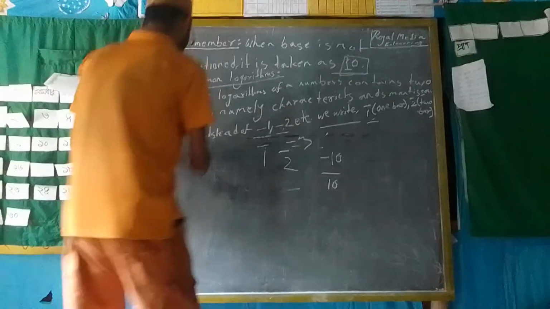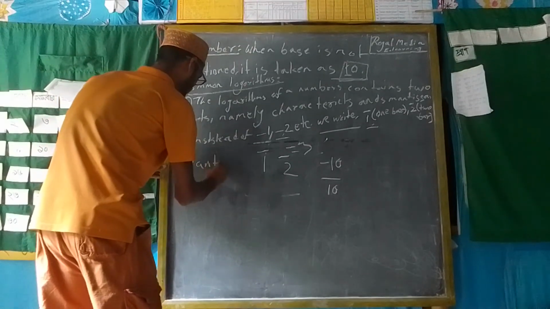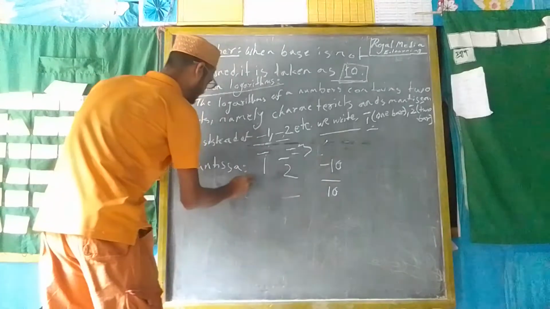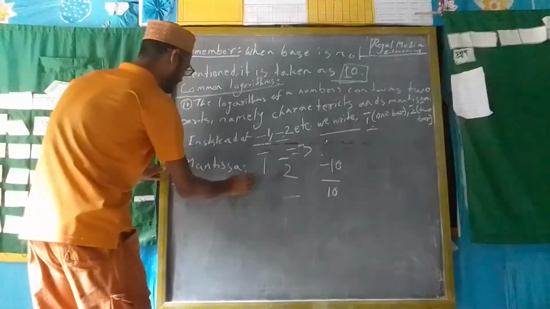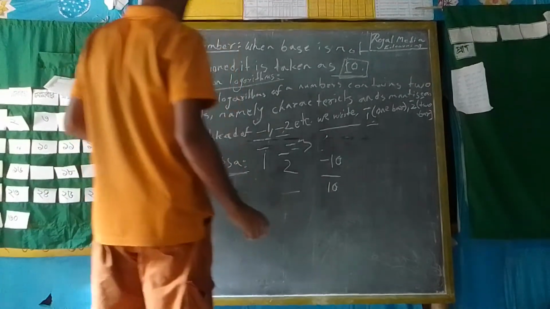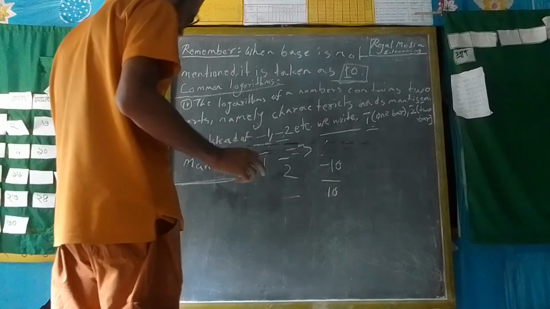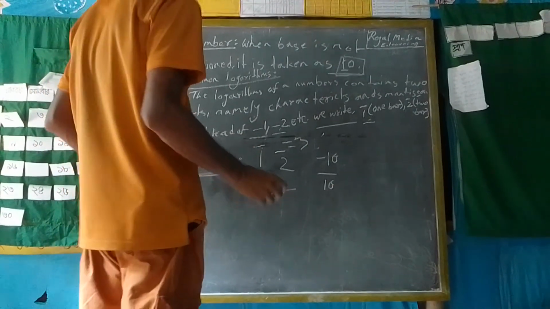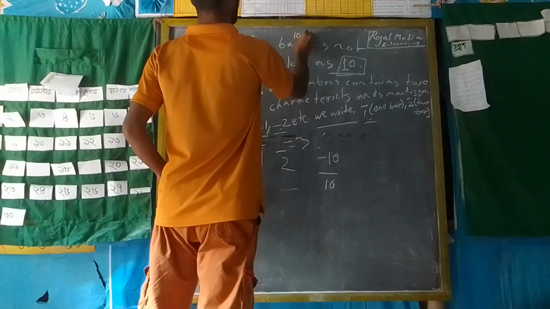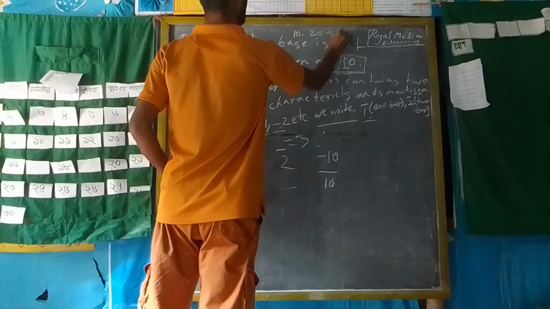Now talking about mantissa, there are two parts of a logarithm. First one is the integral part, named characteristics, and second one is mantissa. Characteristics is the integral part of a logarithm, that means integral part like 10, 20, 30.